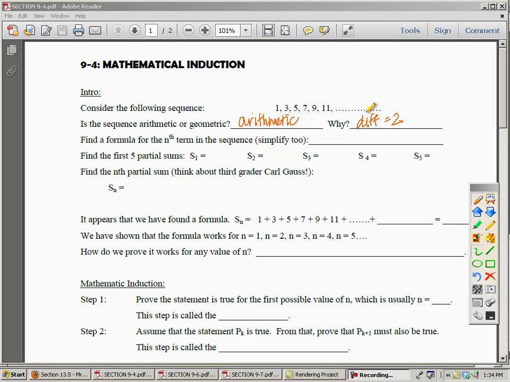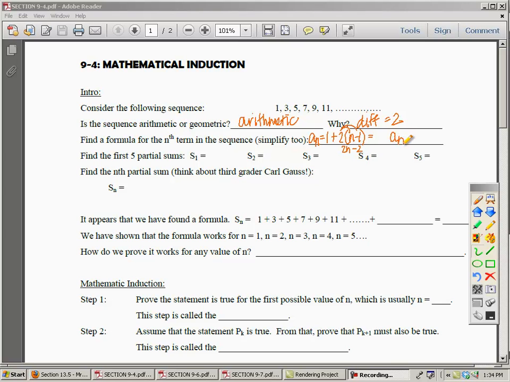Now, find a formula for the nth term, and we're going to ask you to simplify it. Okay, so if I write my first term, we start with 1, and we add 2 for every next term after that. Now, I'm going to distribute this, and if I do, I get 2n minus 2.